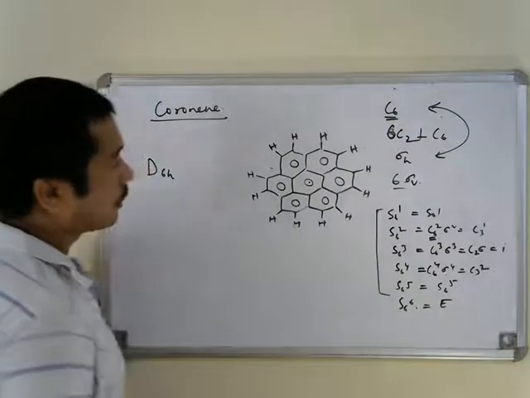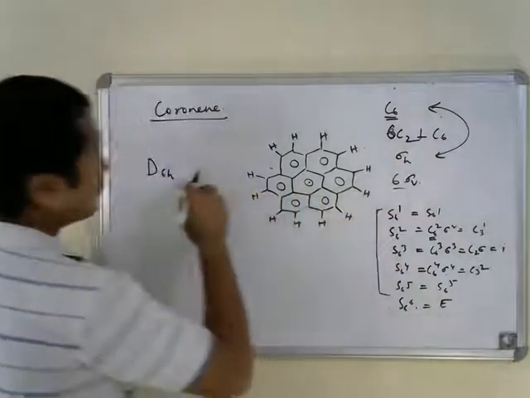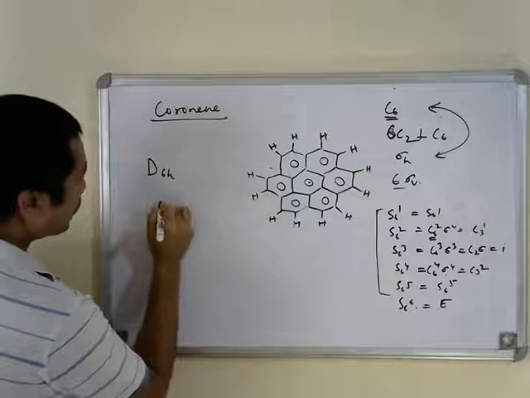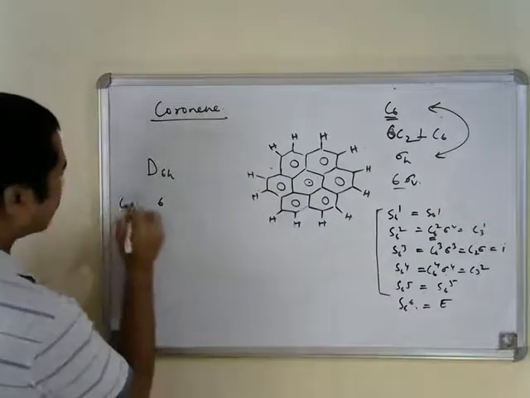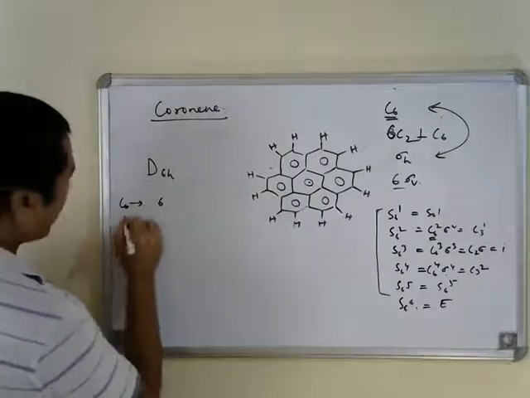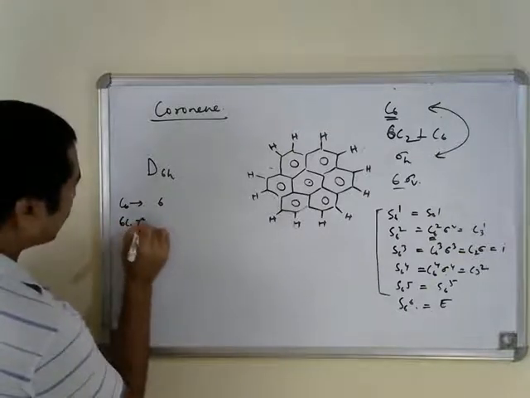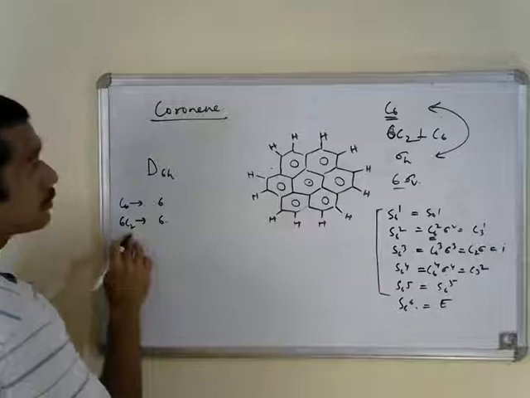So in total again, we have n symmetry operations from C6, so 6 symmetry operations from the C6 axis of symmetry, and then we will also have 6 C2, that is 6 C2 axes of symmetry.